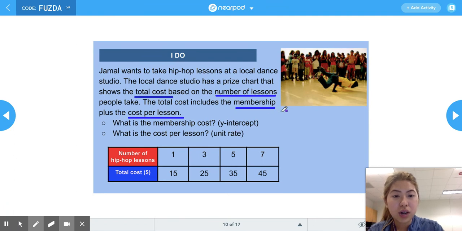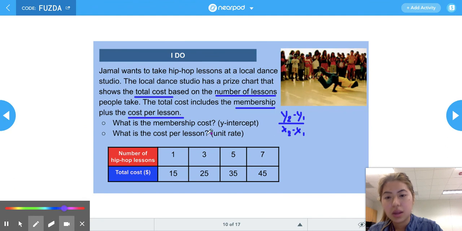So to start, I have to label my points, x1, y1, x2, y2, and I'm writing out my slope formula to solve for my slope. So if I'm choosing 1, 15, I'm going to label 1 my x1, 15 my y1.